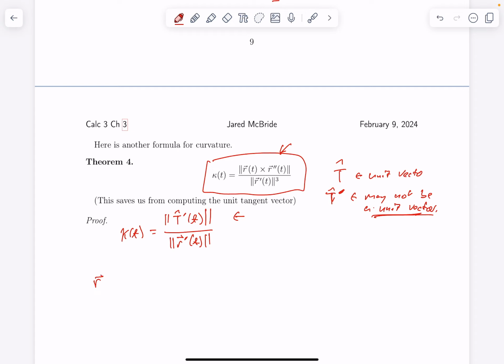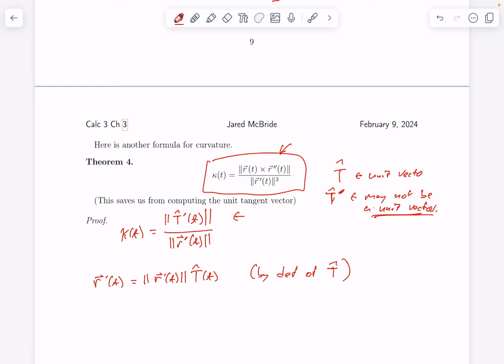So r prime of t equals the magnitude of r prime of t times the direction of the tangent. That's just the definition of the unit tangent.